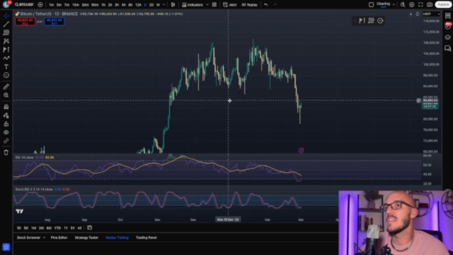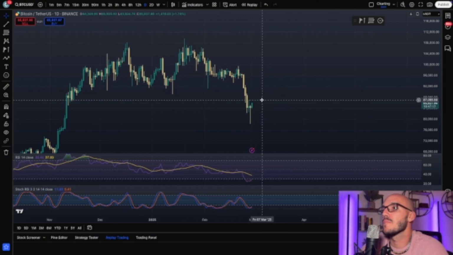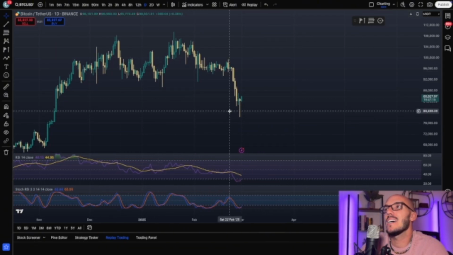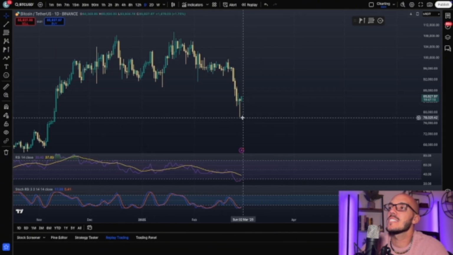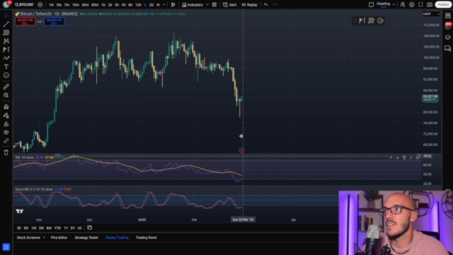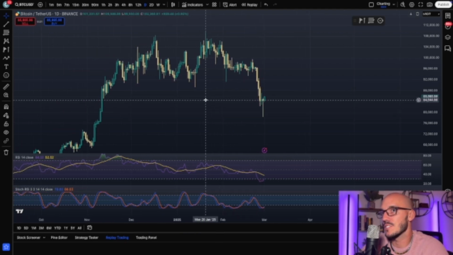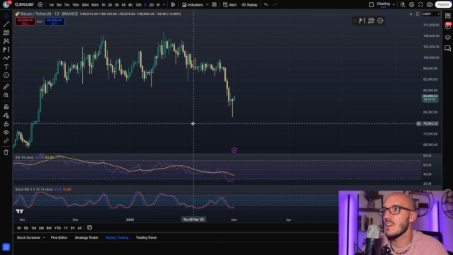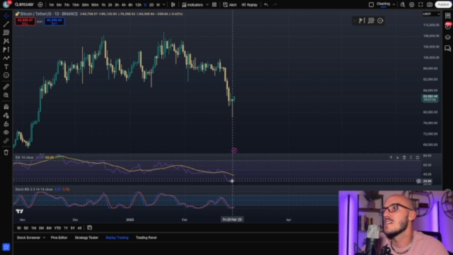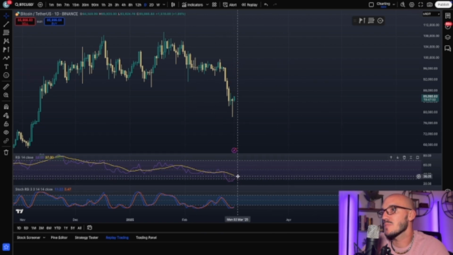If I wasn't exposed to the market yet, I wouldn't be buying in based on this alone. I would need to be looking for other indicators. Maybe a bounce off of an important trend line. Maybe wait and see what happens with this RSI.